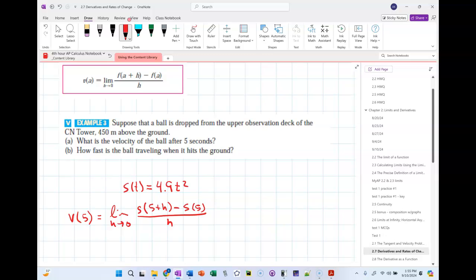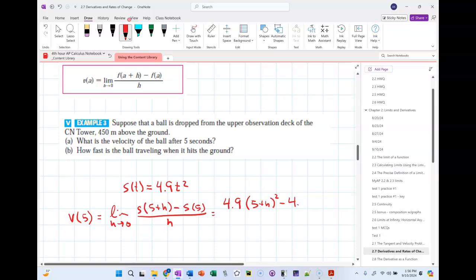Everybody's okay with that idea? So I use my position function to figure out the velocity, the instantaneous velocity. So plugging things in.